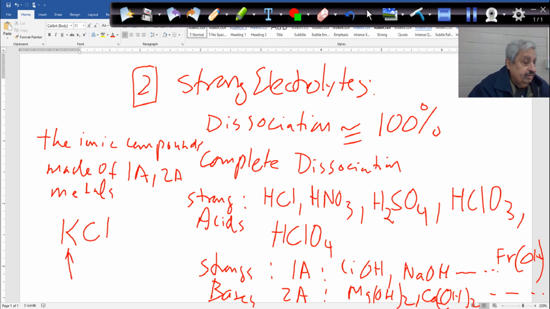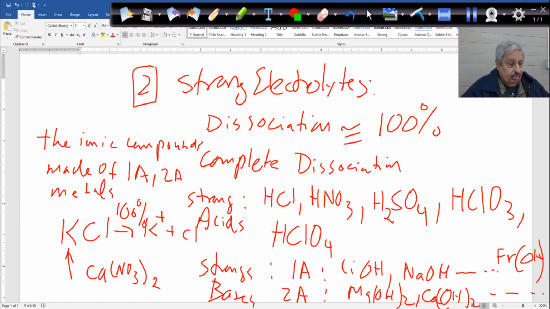Potassium is there, so I can expect this one to dissociate to give you potassium plus chloride. The dissociation is 100%. Correct? I say calcium nitrate. This group 2A will dissociate, give me calcium 2 plus and 2 nitrates, and the dissociation is 100%.